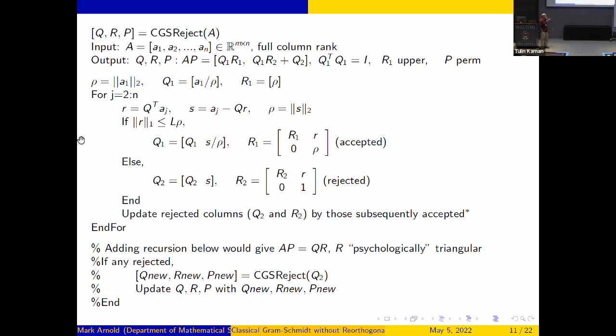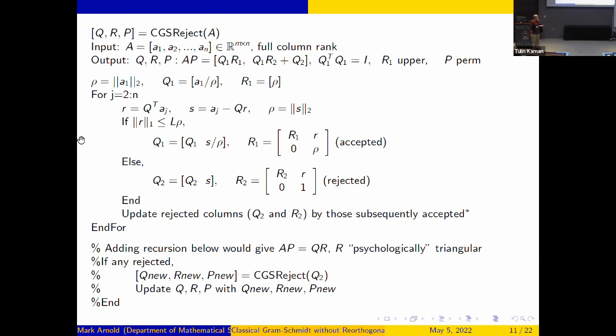And so I get this collection of two matrices, Q1, which has, up to our theorem, orthonormal columns, and Q2, which I was told to reorthogonalize because it wasn't orthonormal enough. And so I just saved those. What this code up here gives us is just a partial QR factorization.